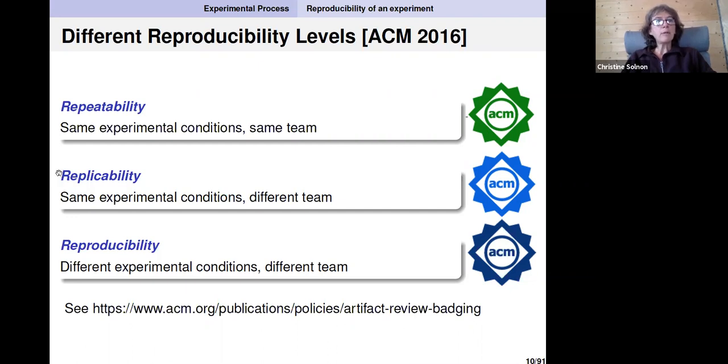The second level is replicability. In this case, another team wants to perform exactly the same experiment. And finally, the third level is reproducibility. In this case, a different team must be able to reproduce an experiment, but with different experimental conditions.